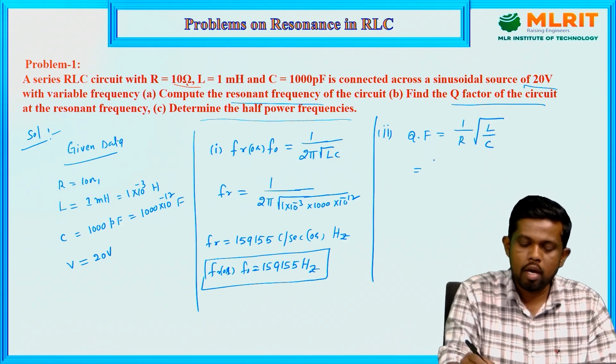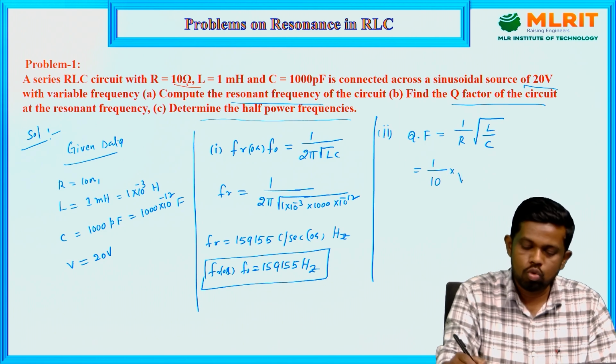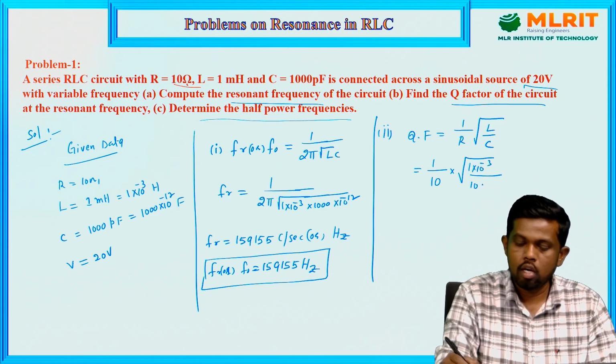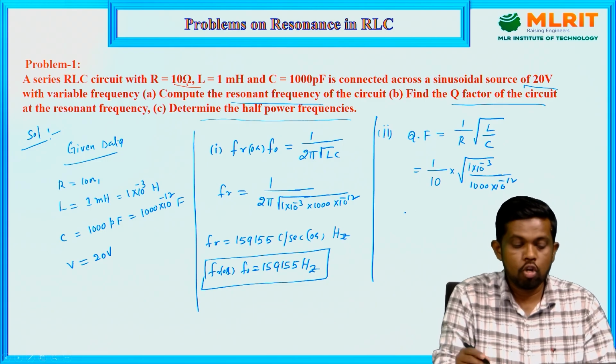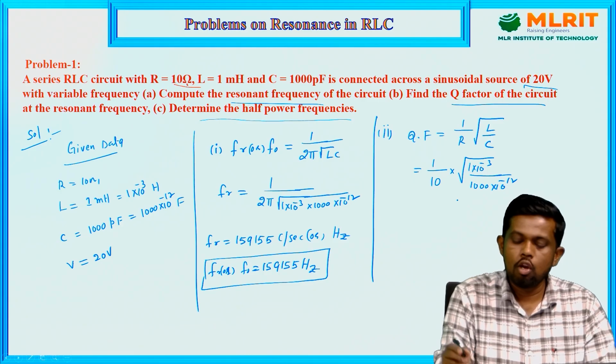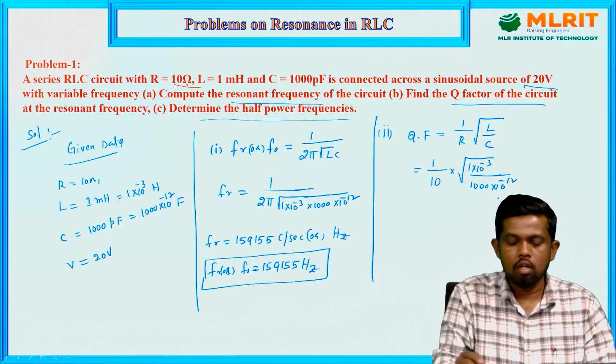So 1 by R means 1 by 10, into the square root of L, which is 1 into 10 power minus 3, divided by C, which is 1000 picofarad, that means 1000 into 10 power minus 12 farad.